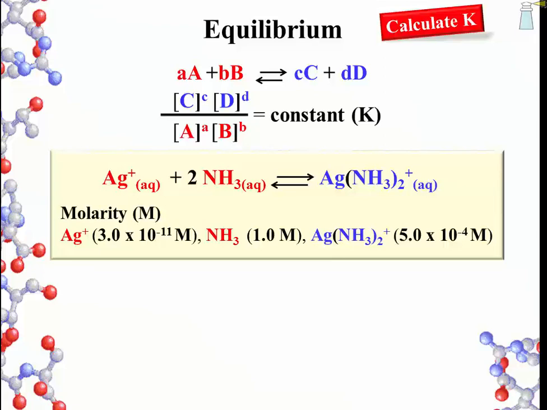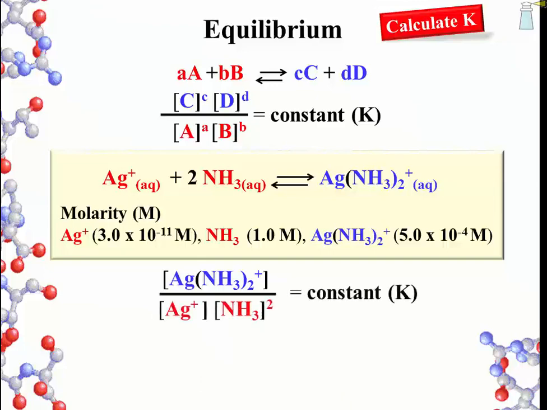To get a K, construct the equilibrium expression. Concentration of all products raised to their coefficients over the concentration of our reactants raised to their coefficients. Note that the ammonia is raised to a power of 2, as expected from its coefficient of 2 in the chemical equation. To get the K, input the given concentrations into their appropriate place in the expression, starting with the numerator.